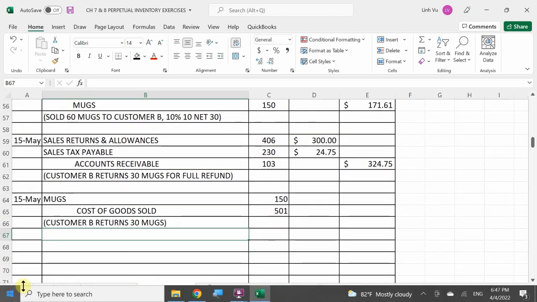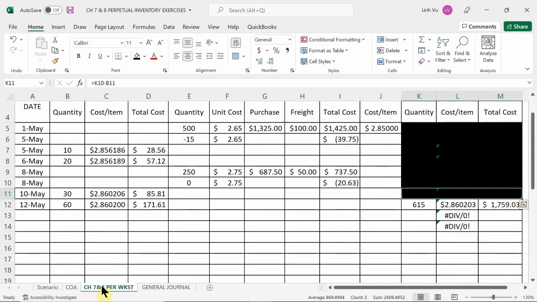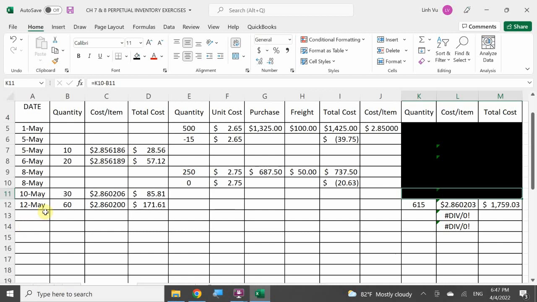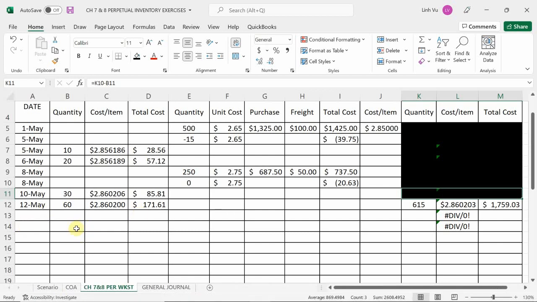So in this case, I have to go back into my inventory worksheet to figure out how much it cost me. Now, this is the rule of thumb of how the inventory worksheet works. You do not reverse what the cost of goods sold is because, let's say customer B purchased it a while back and then decides to return the items.